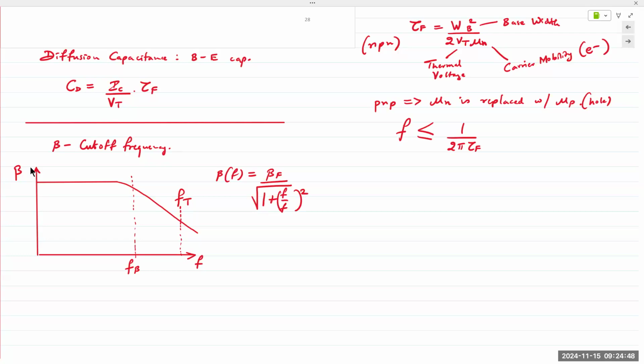Actually, that's not Fp, that's F beta. And F beta itself can be written as Ft over beta F.